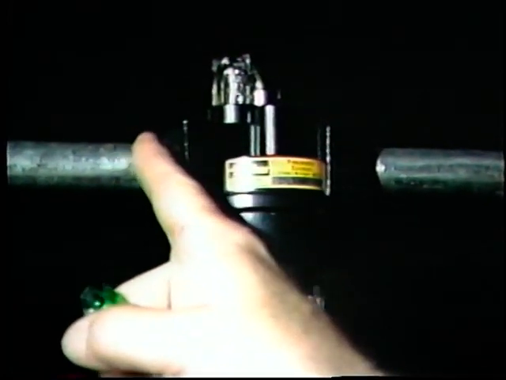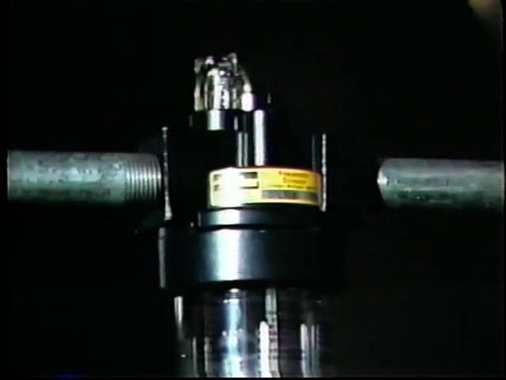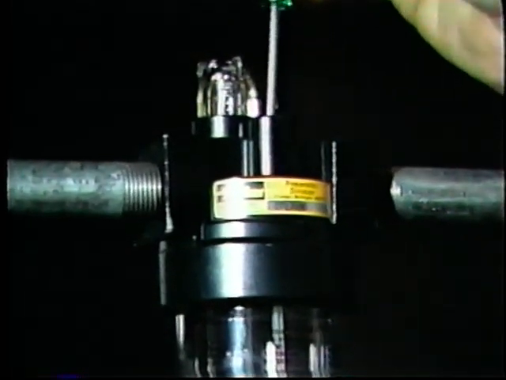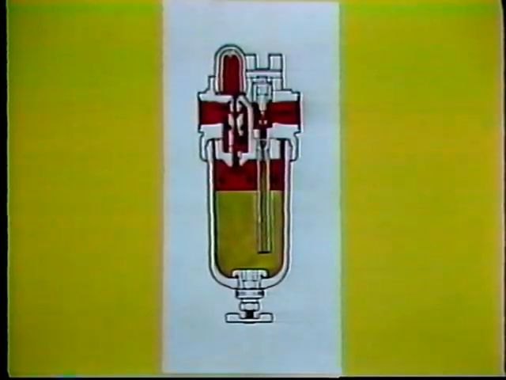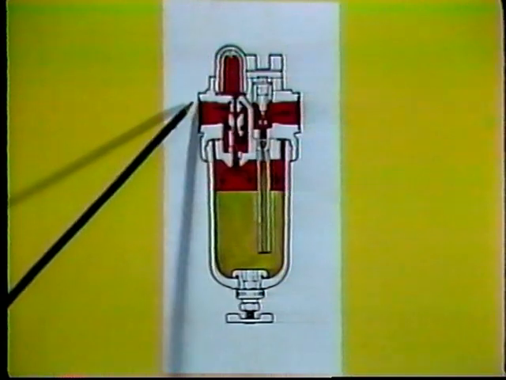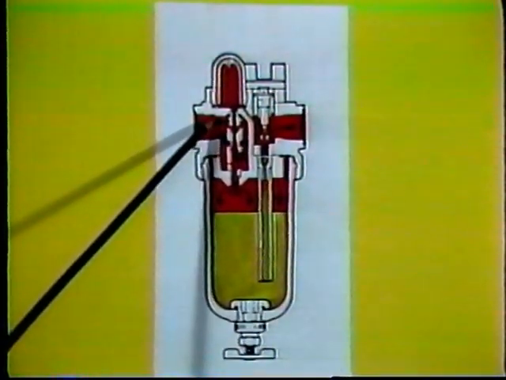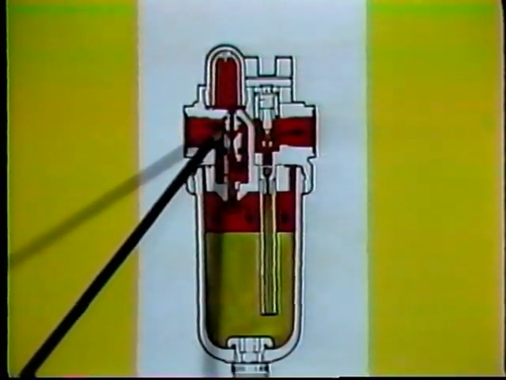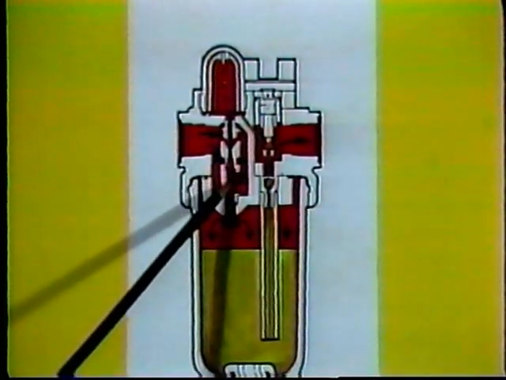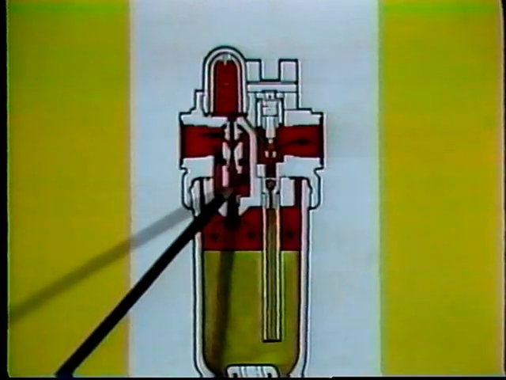This is the inlet port here. Here is the outlet. And this screw is used to adjust the oil feed rate. Air entering the lubricator is channeled in one or two directions, depending on the rate of flow. At low flow rates, the majority of the air flows through this venturi section here, where it creates a low pressure area.